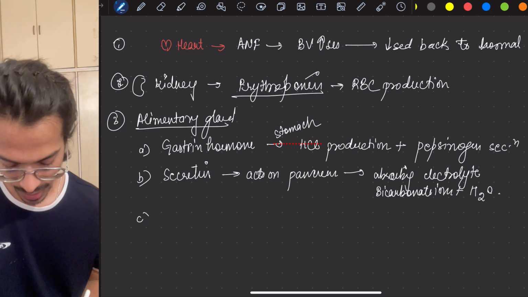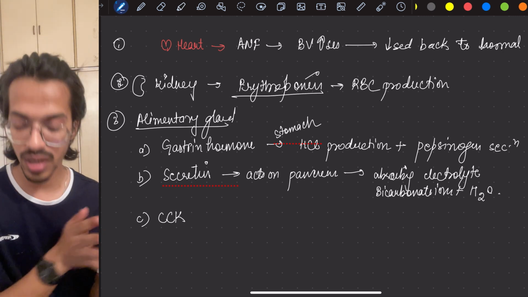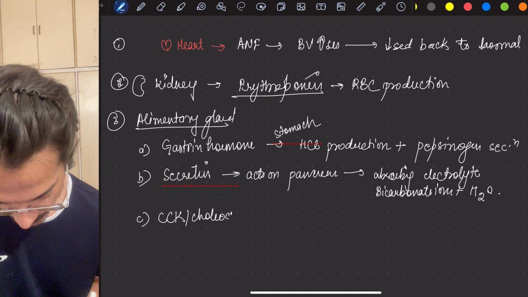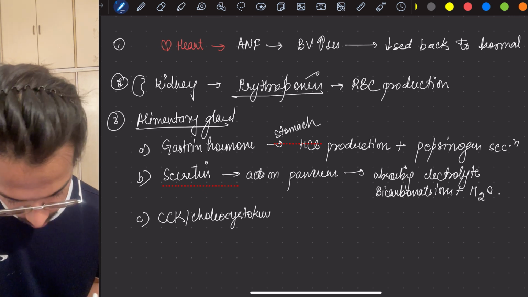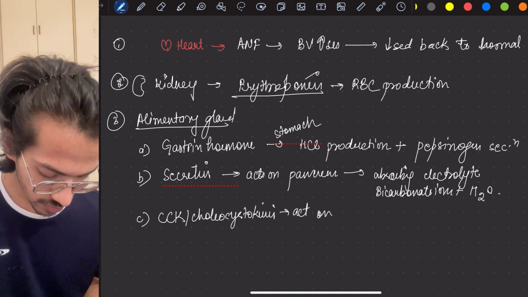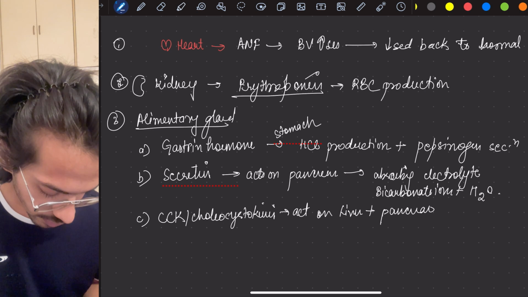After secretin we have CCK. That is what? That is cholecystokinin. It acts on the liver plus pancreas, and it helps in the release of what?